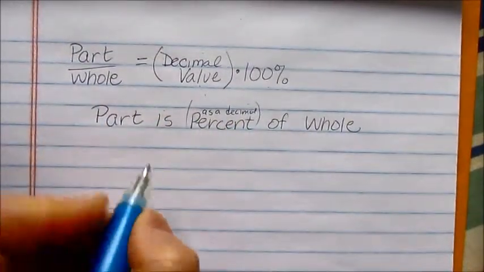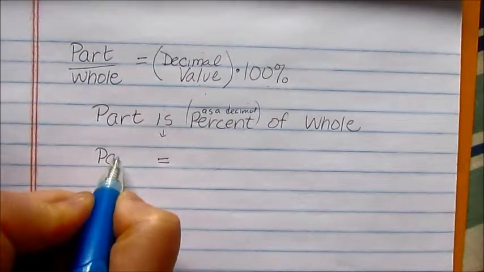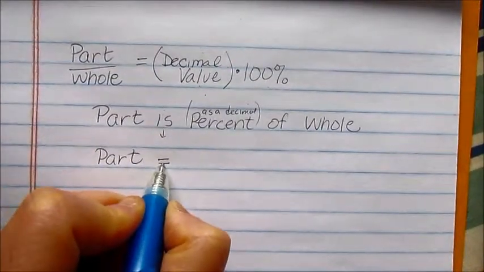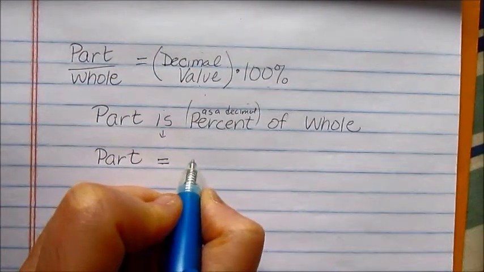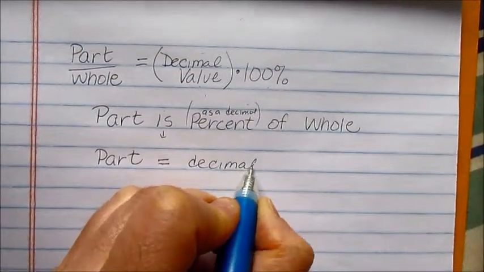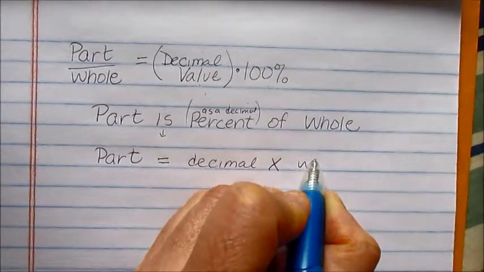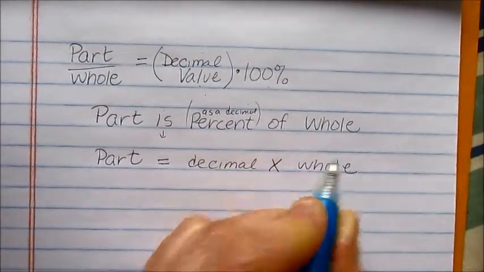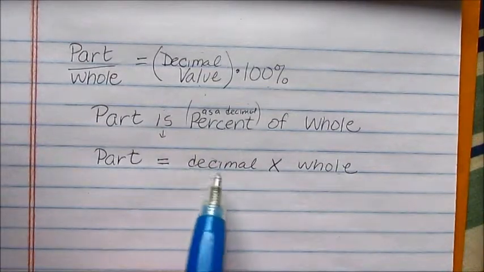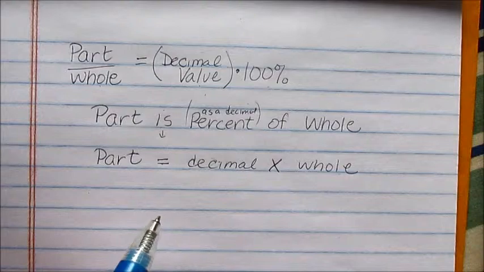So this is an equation: part is percent, we'll write decimal here, of is multiply, and this is whole. In order to solve for decimal, we divide by whole. We end up with our original equation. I hope that makes sense.